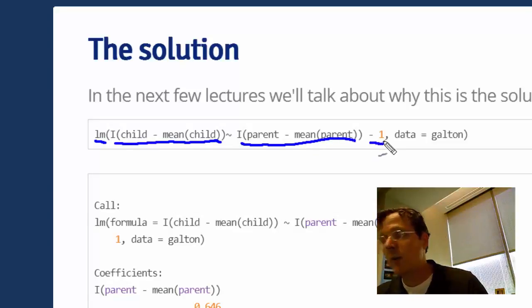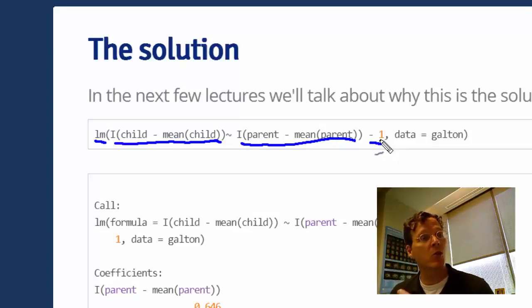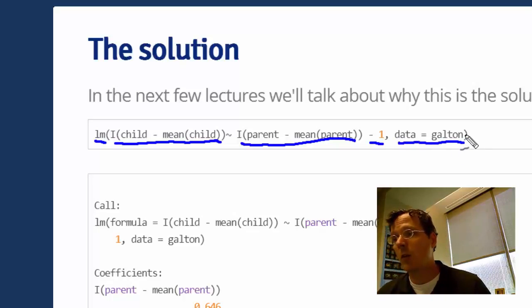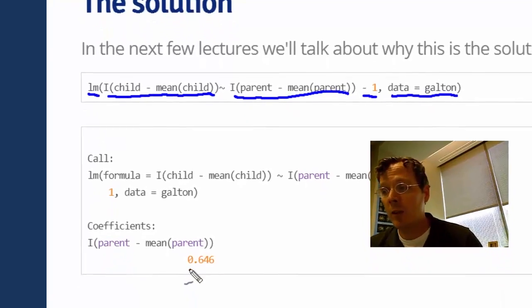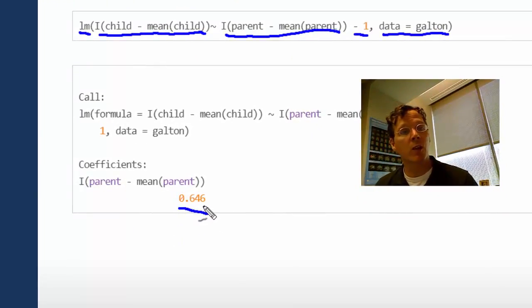This -1 says get rid of the intercept because we're talking about regression through the origin, where we forget about a y-intercept. Then I tell it that the data set I want to fit is Galton, and it gives me the slope, 0.646. So we're going to talk about this a lot. We'll go through this in great detail throughout the rest of the class.